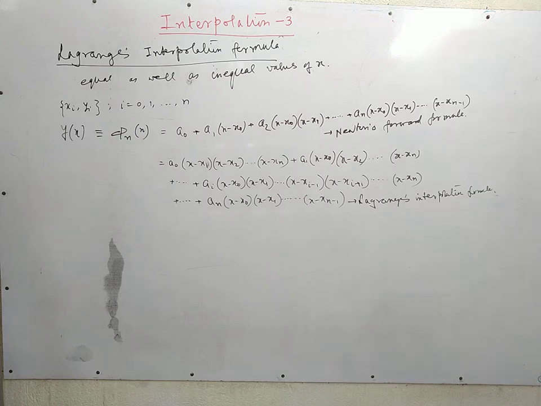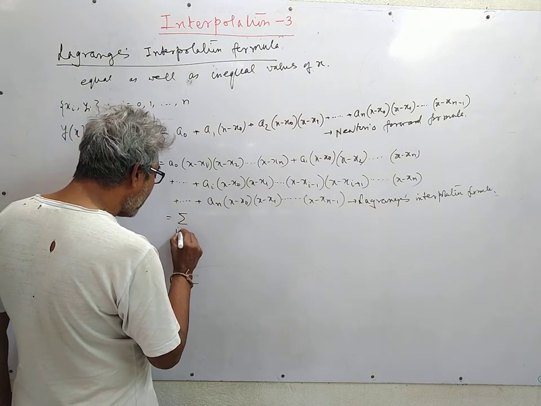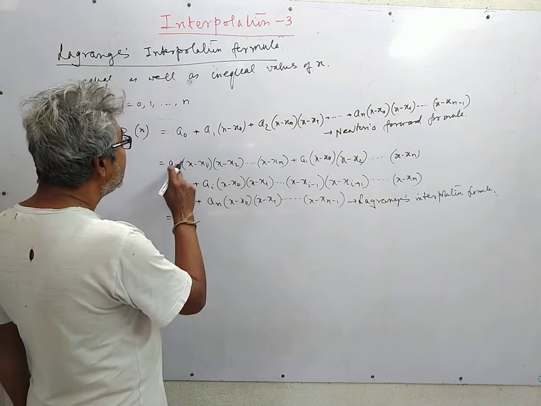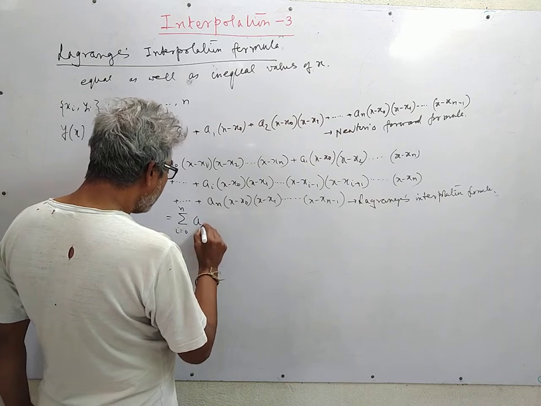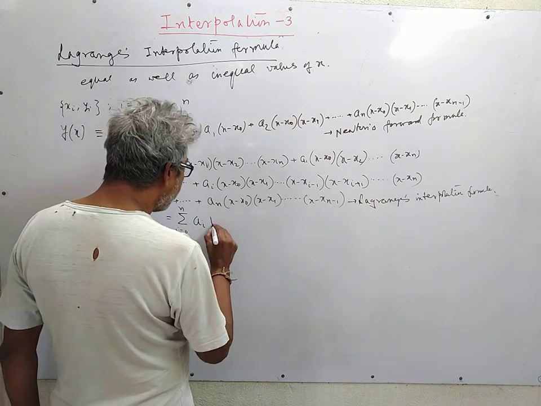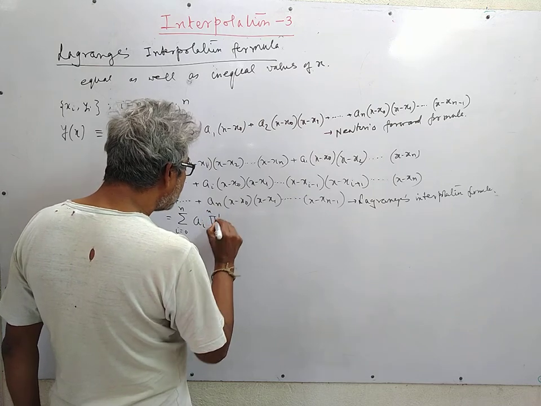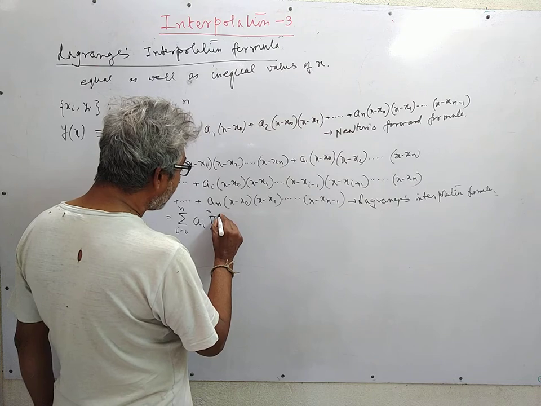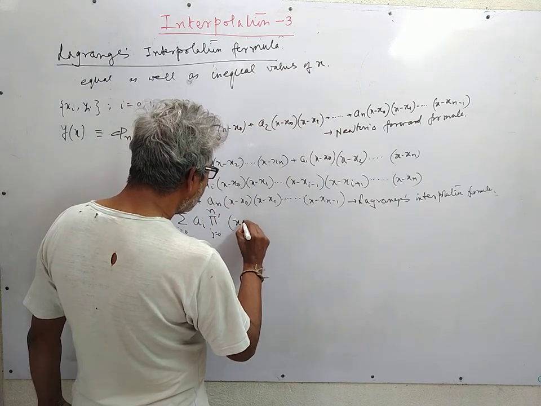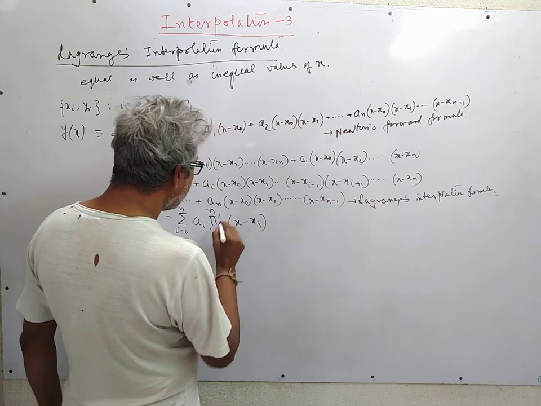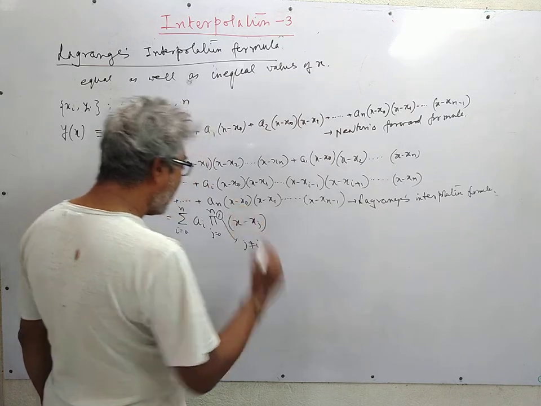We can write it in a compact form as summation over i equal to 0 to n, ai, then the product over j equal to 0 to n, with prime meaning j not equal to i, x minus xj. So this signifies that j is not equal to i.